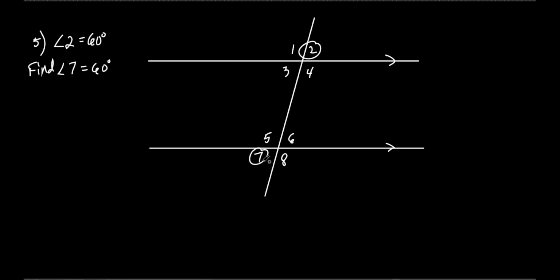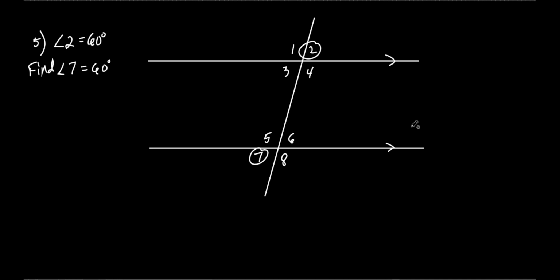What's true in this situation? When I have parallel lines cut by a transversal, what's true about all the acute angles? They're equal to each other. What's true about all the obtuse angles? They're all equal to each other, okay? Now, what's the relationship between an acute angle and an obtuse angle in this situation? They're not equal.